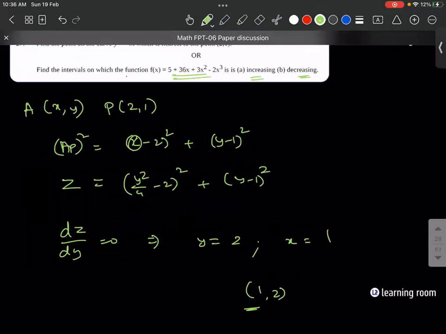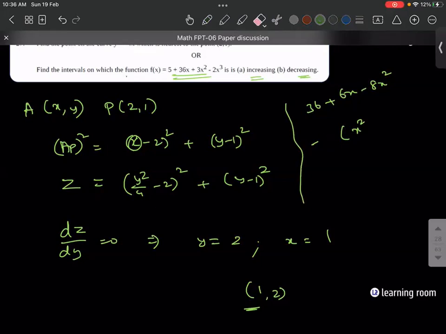Find the intervals on which the function is increasing and decreasing. 36 plus 6x minus 6x square.